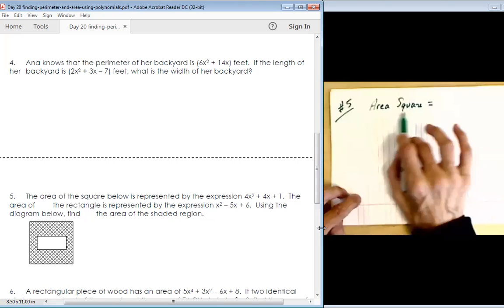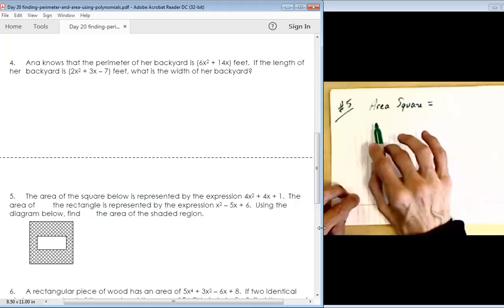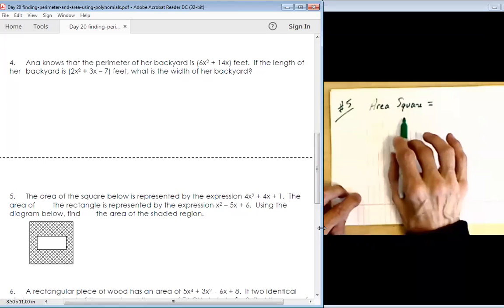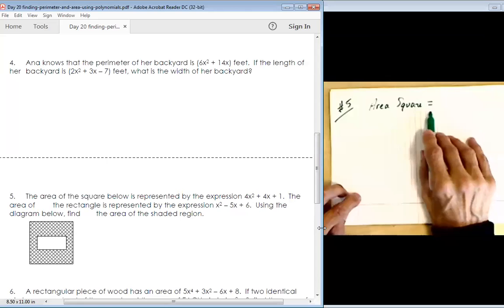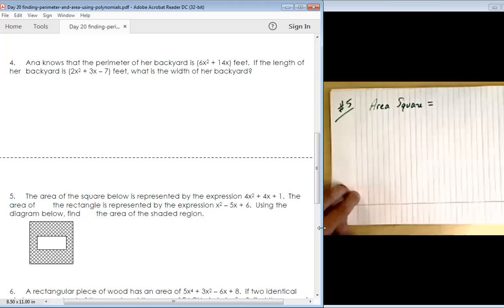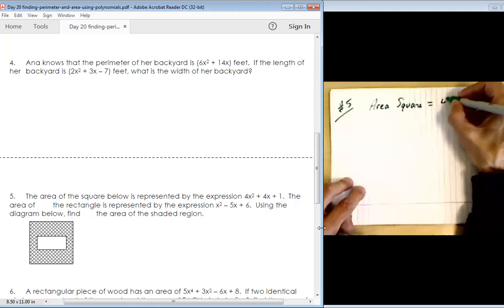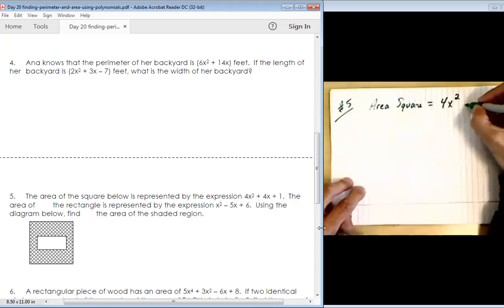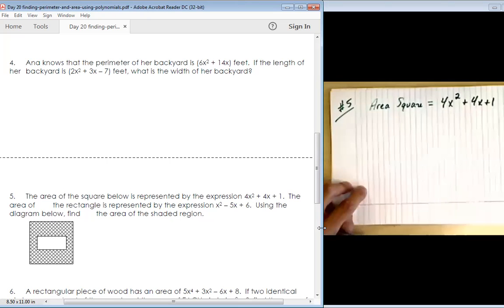Area square, okay? Sounds like a caveman a little bit, but I think we know what that is. Equals is translating. Then what is it? The information, 4x squared plus 4x plus 1. Perfect. Okay. The next line, what's the info given there?